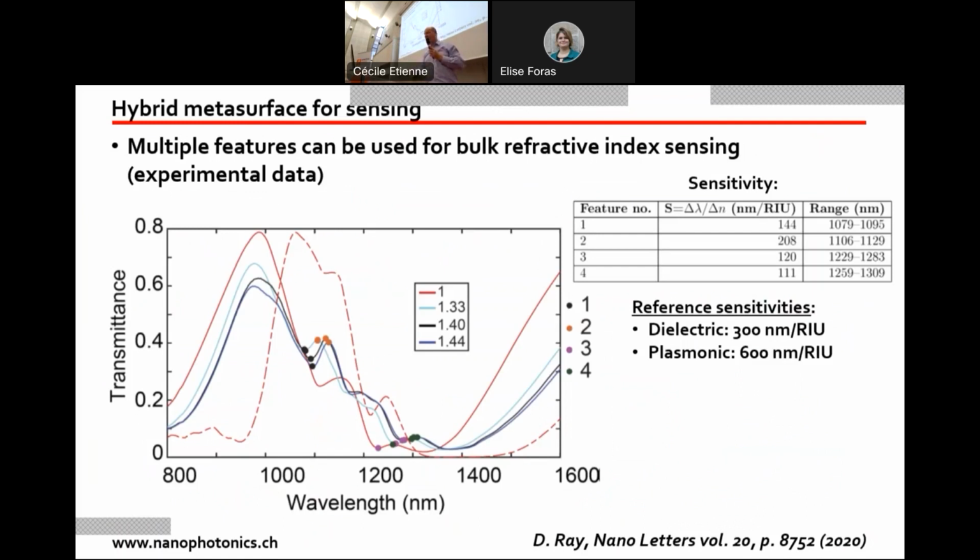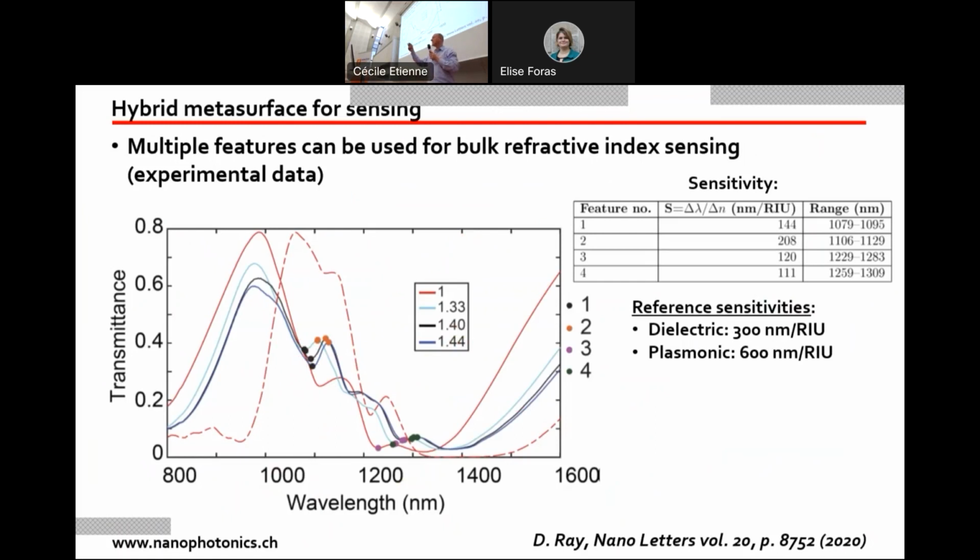You see here these measurements of different features, like for example this black dot, when we go from having the structure in air, that's the red curve, to water with an index of 1.33, or we add a little bit of glucose, a little bit of sugar, in the water, that shifts the resonance. The sensitivity of this measurement system is determined by how much the wavelength changes when we change the background medium.